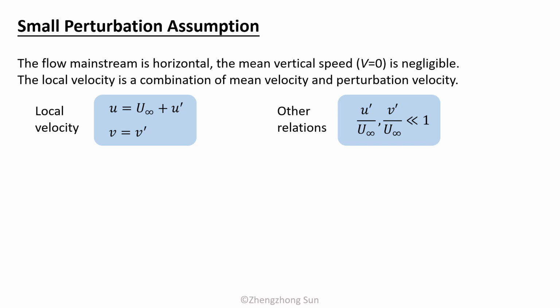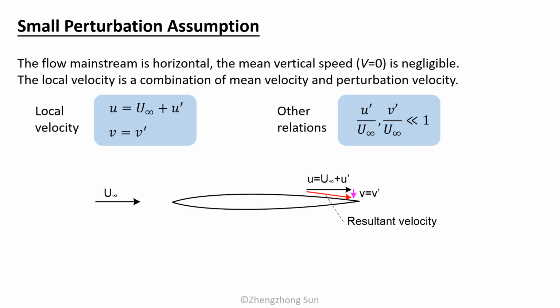So we also have u prime divided by u infinity and v prime divided by u infinity are very small, far smaller than 1. The left-hand side is a definition, and the right-hand side is a relation we need to remember. Now let's reflect the perturbation velocities in the flow field.